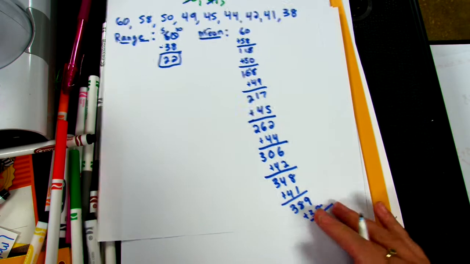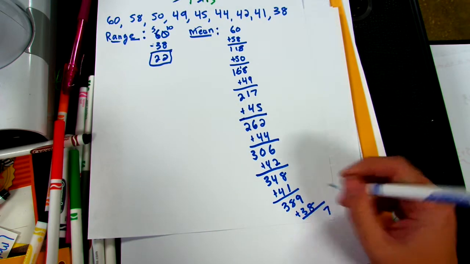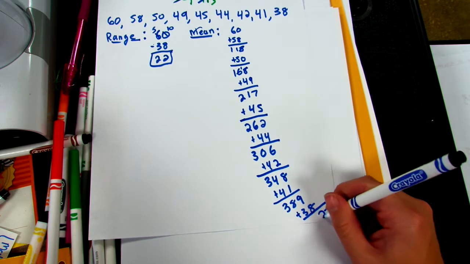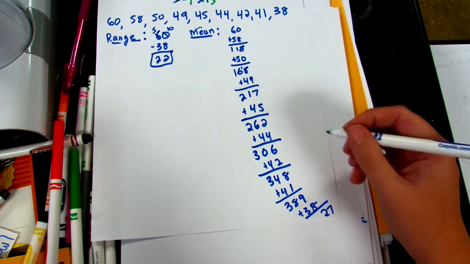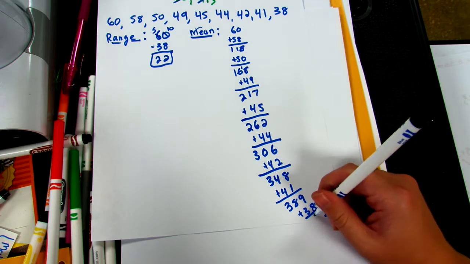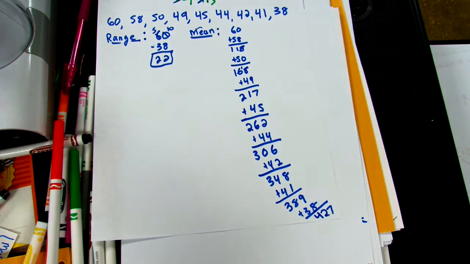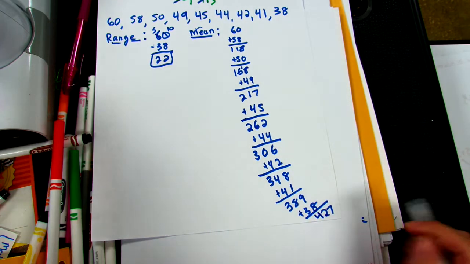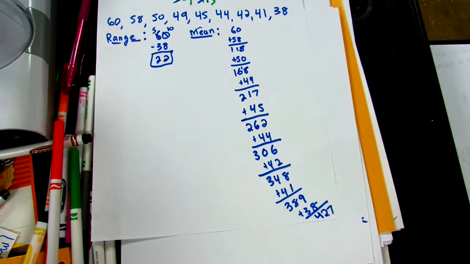Almost out of room. There we go. All right, we got it on there. 427. So we add those all up and we get 427.